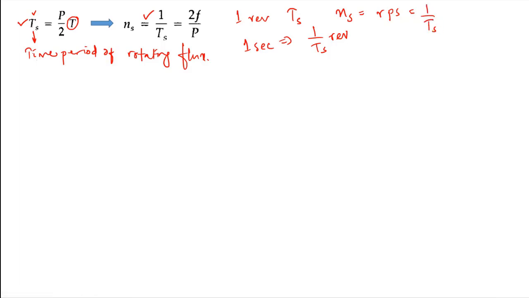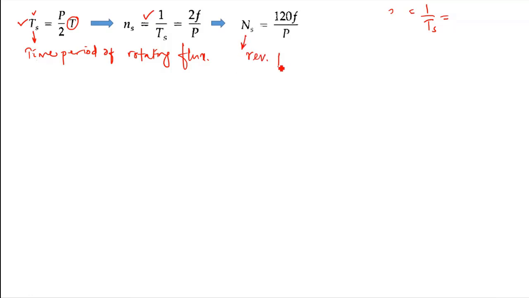Okay. And that I can write, just substituting Ts as P by 2 T, it will be 2F by P, right? Okay. So it will become 2F by P. And further, I can write this as revolution per second. If I convert it to revolution per minute, that is RPM, we call it RPM, revolution per minute.